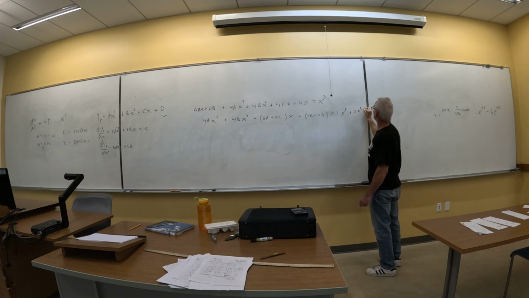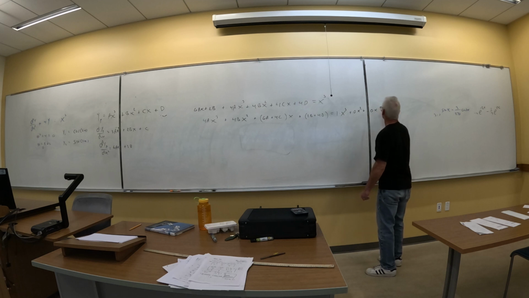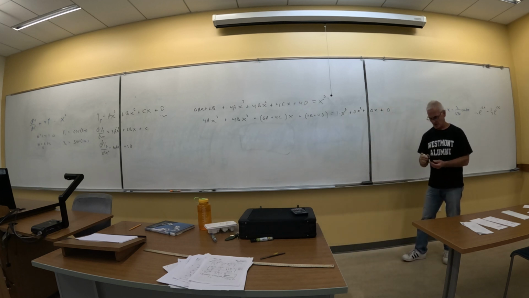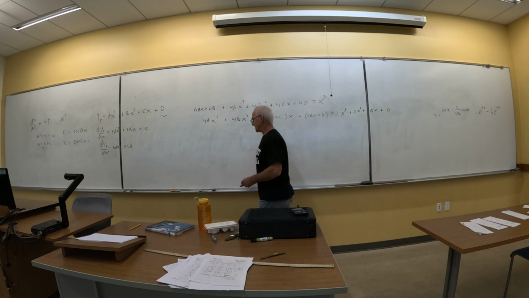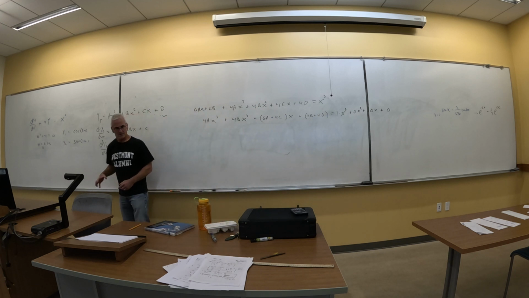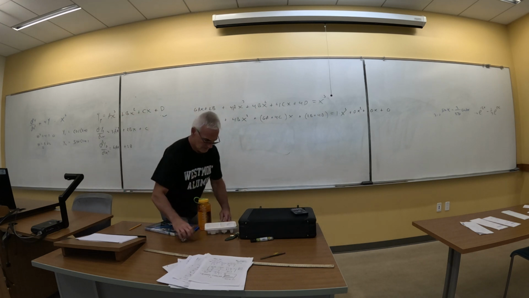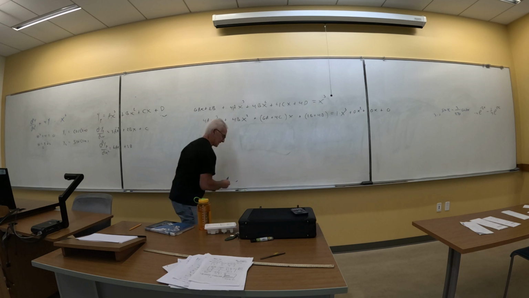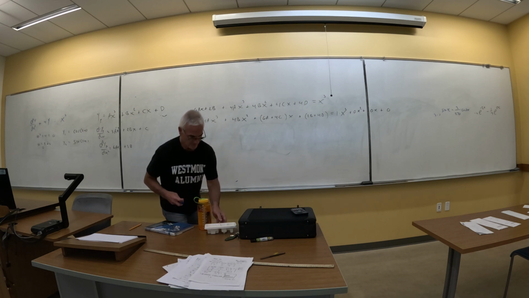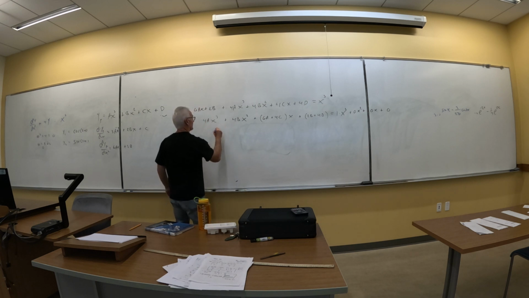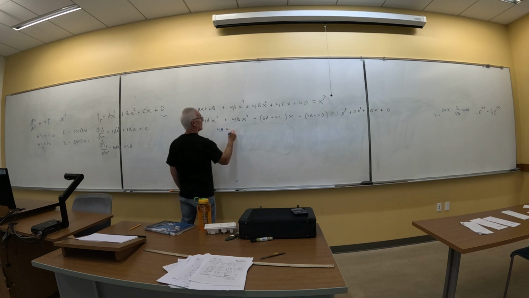So we don't want to try to do this too fast in our head. How about if I write it like this? Would that be useful? Yeah. So let's equate. Okay, it's a good one. So I've got 4a equals what?